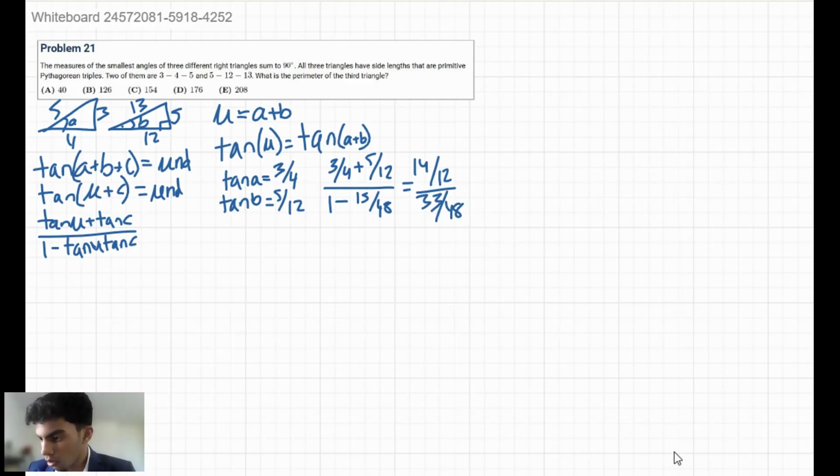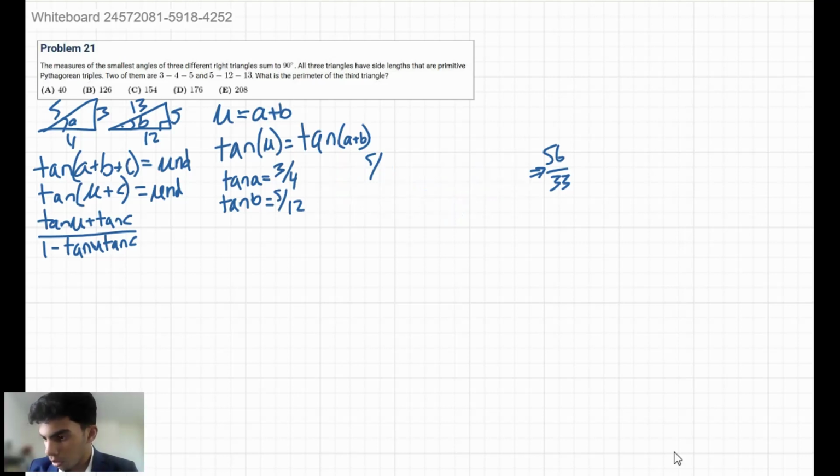All right, so again, this would just be equal to this, and then this would cancel out to make a 4, which would mean that this is a 56 on 33. Okay, so we know that the tan of A plus B, so let me clear all of this out. So now the tan of A plus B is going to be 56 over 33.